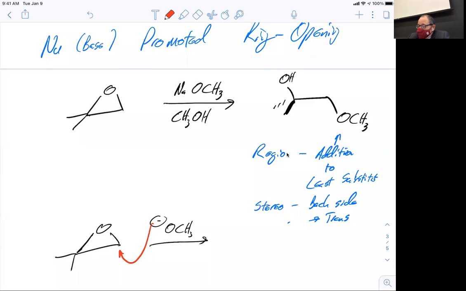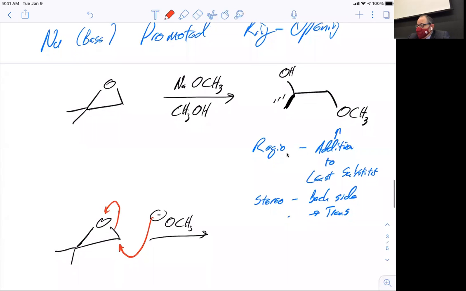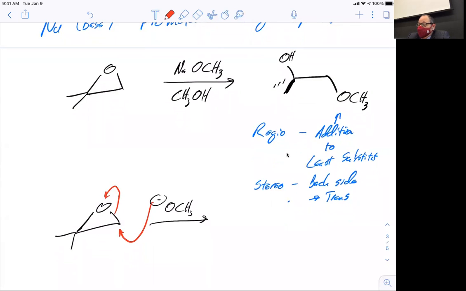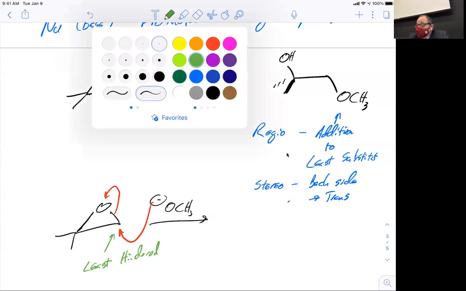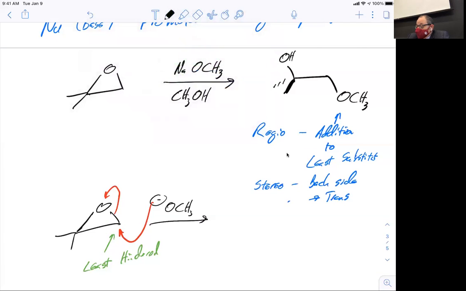So we attack the least hindered side. If you think about it, this is going to be an SN2 style reaction. So therefore, we're looking for the least hindered side of the substrate. So that's going to be the primary over the tertiary. So that's already formed my backside attack there.